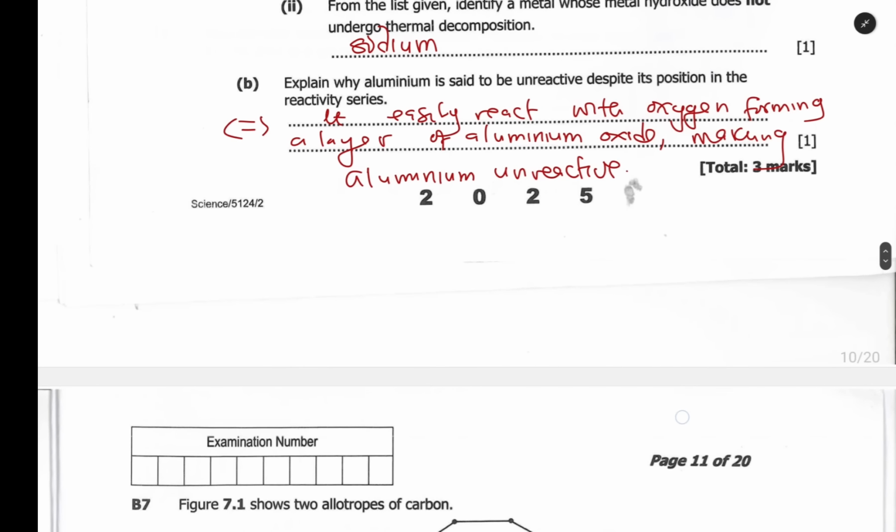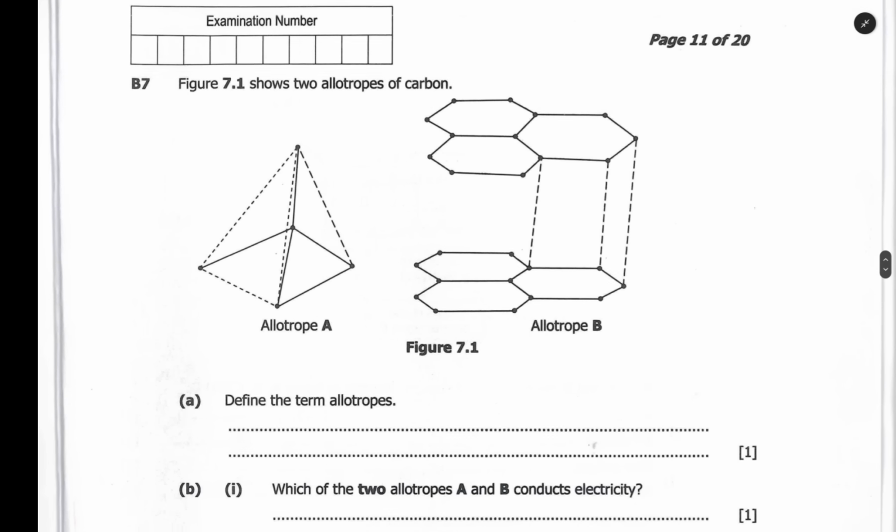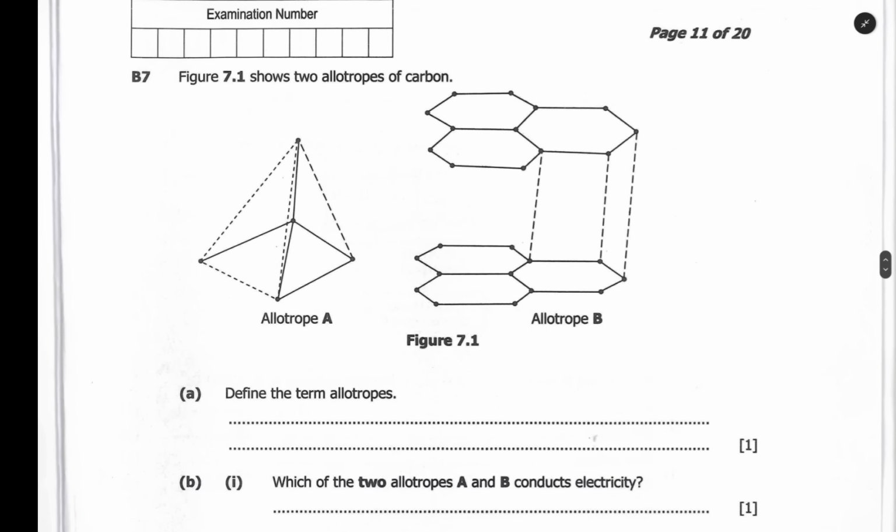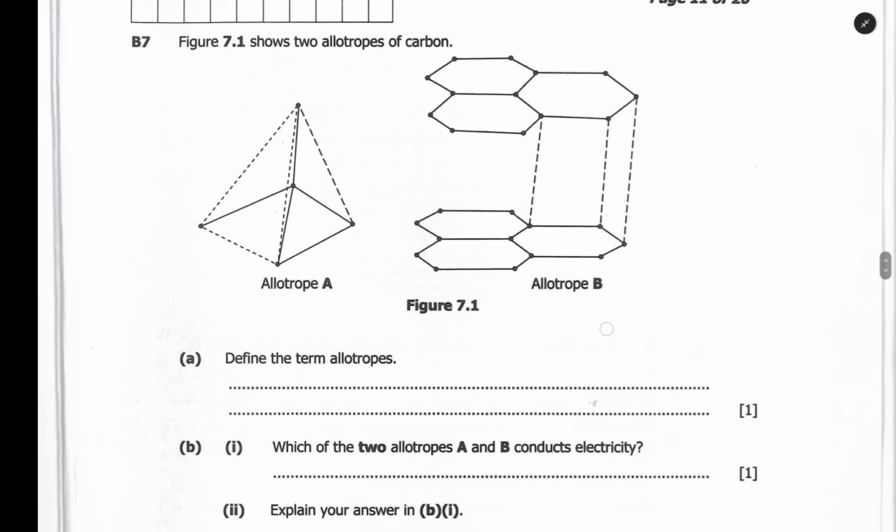Okay, so let us proceed to look at now B7. Figure 7.1 shows two allotropes of the compound, as you can see. The first question is define allotropes.